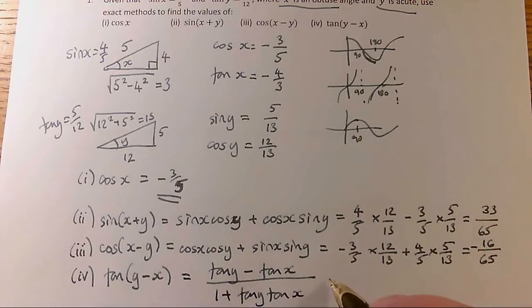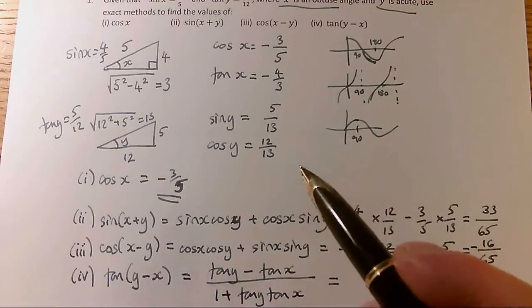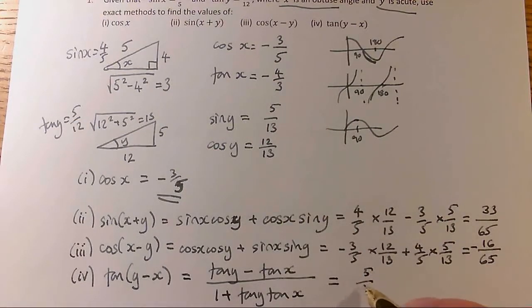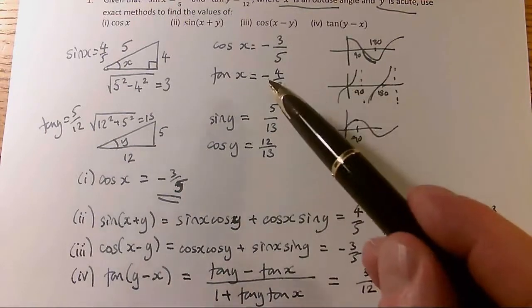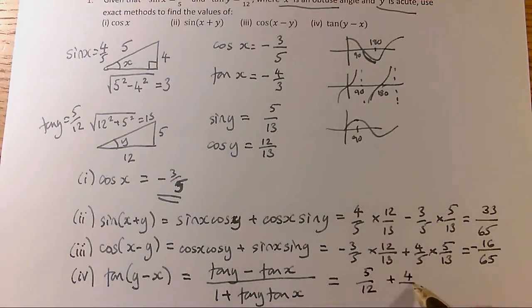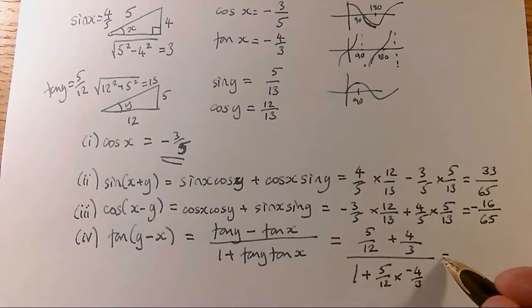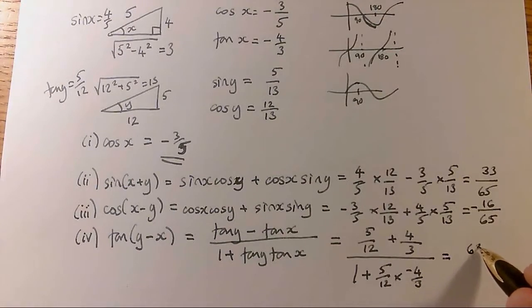So we've got to do tan y, which was 5/12, minus tan x, that's plus 4/3, all over 1 plus 5/12 times minus 4/3, which my calculator is telling me is 63 over 16. And of course these all should be double underlined to make them clear.